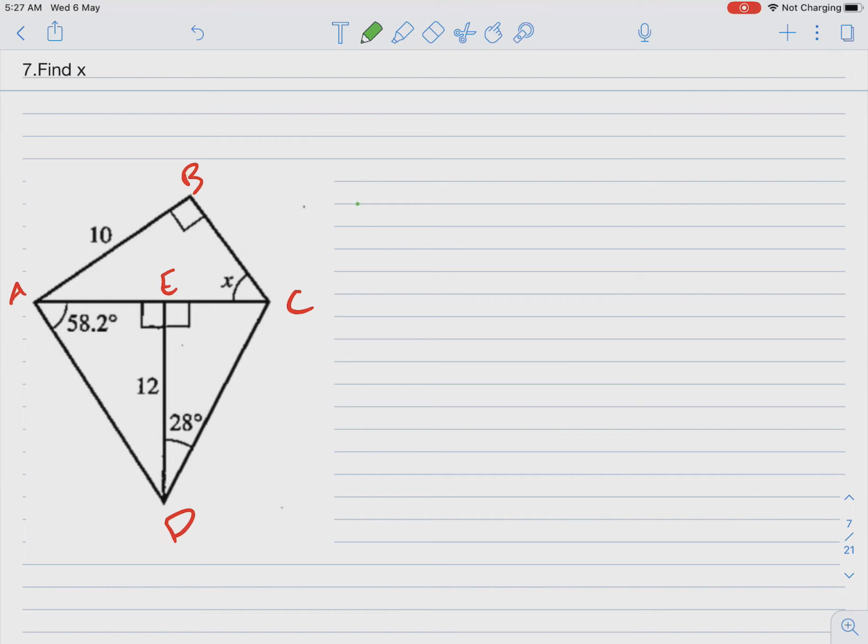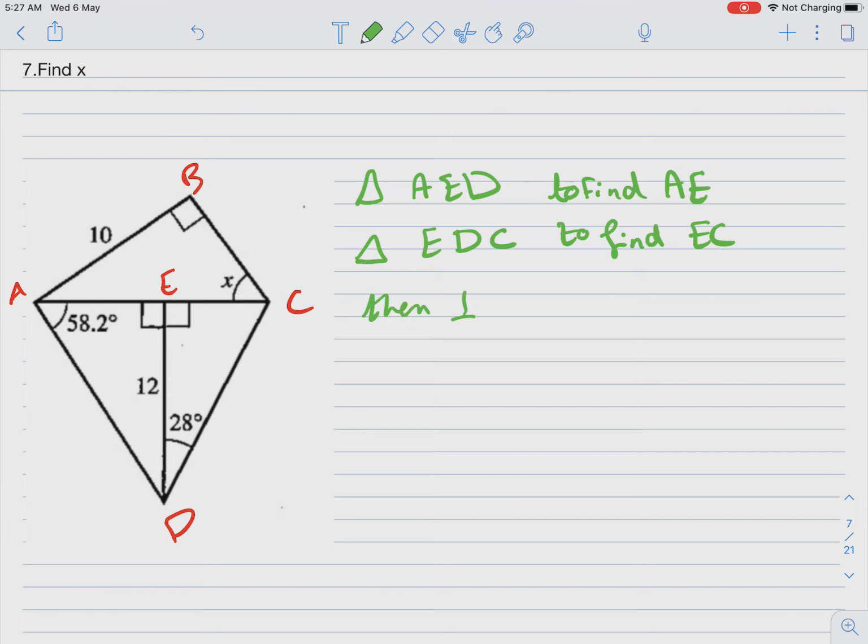So let's just make a plan. I will use triangle AED to find AE. Then I will use triangle EDC to find EC. Then I add AE plus EC to get AC.